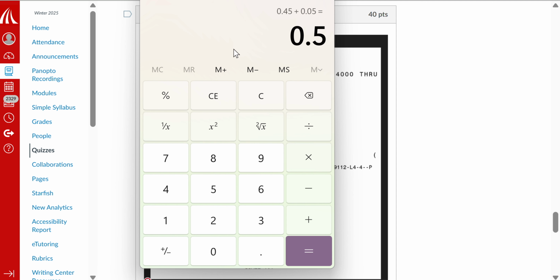Oh, I did something wrong here. I wasn't paying attention. 0.3 times 1.5 plus 0.05 equals... what am I doing? 0.3 times 1.5 should equal 0.45.